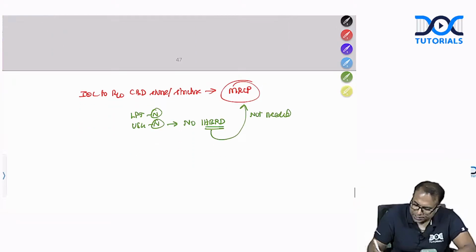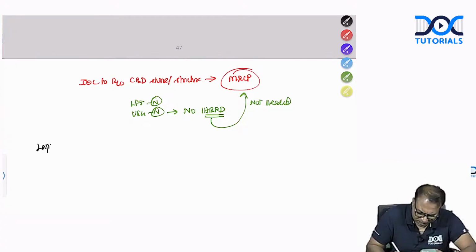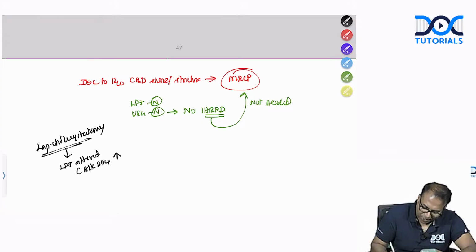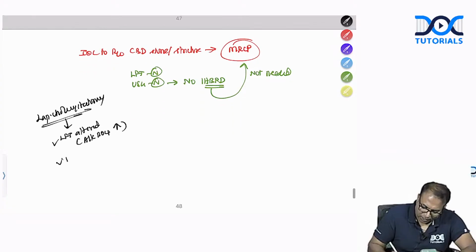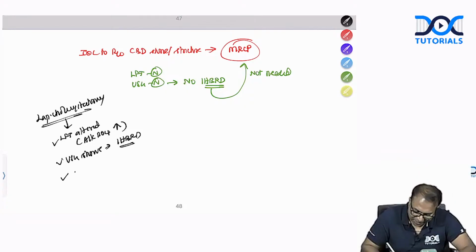See, what are the indications of MRCP in a case of laparoscopic cholecystectomy patient? I have planned laparoscopic cholecystectomy for a patient. What are the indications of MRCP? LFT altered, for example alkaline phosphatase, a very important indicator, is increased, or ultrasound shows IHBRD, intrahepatic biliary radical dilatation, or patient has colicky pain on the day of surgery.